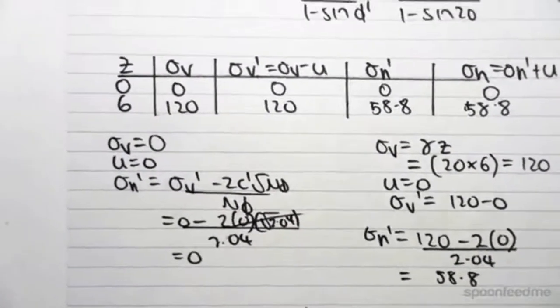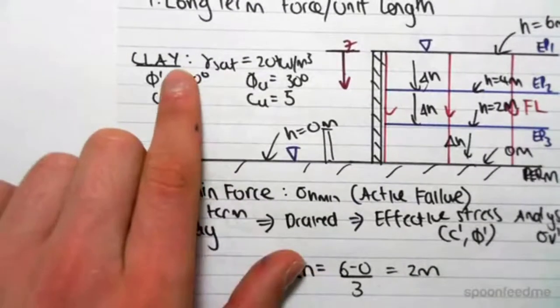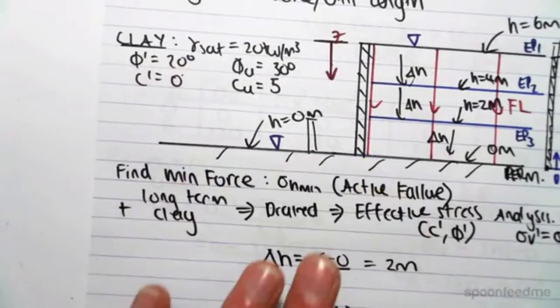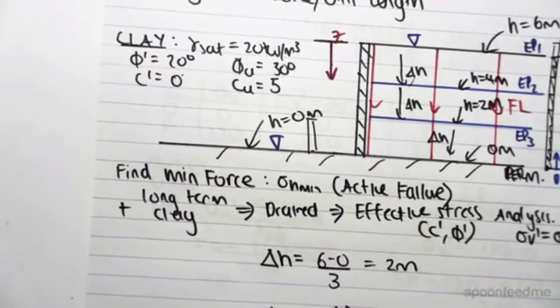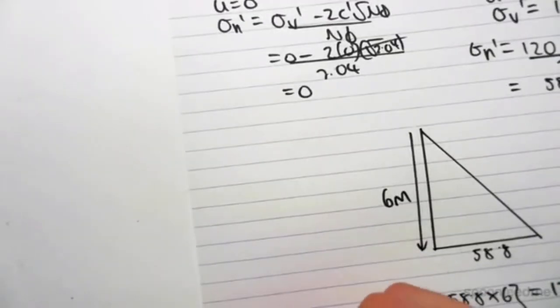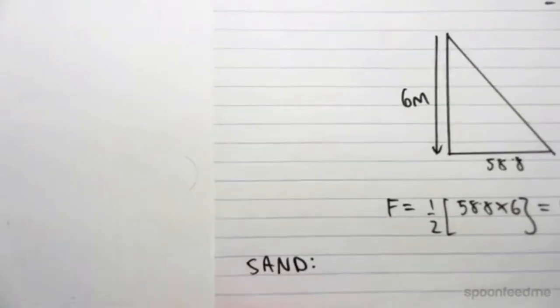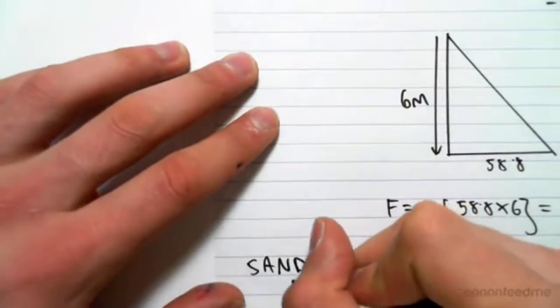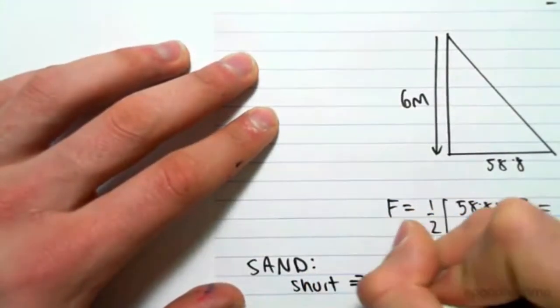Just before I finish, we did a clay example. If we were to look at a sand example, because in the short term, for a sand, we saw in the previous set of videos that a sand in the short term was drained.